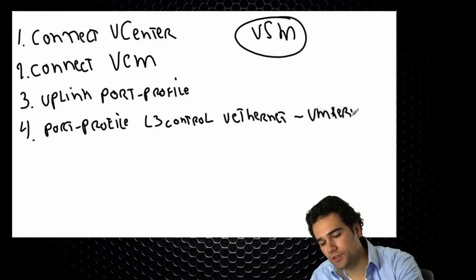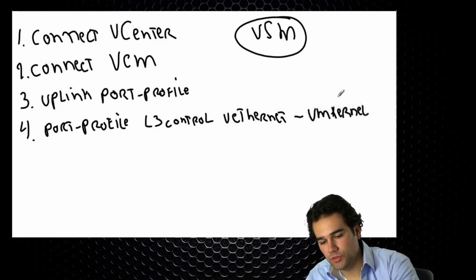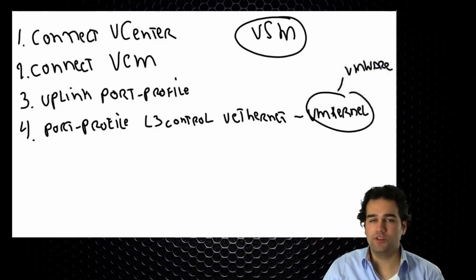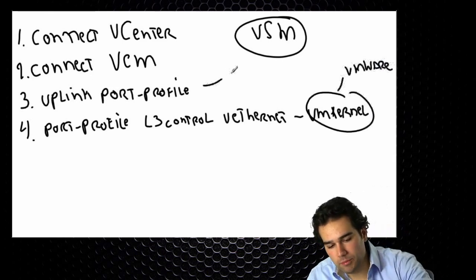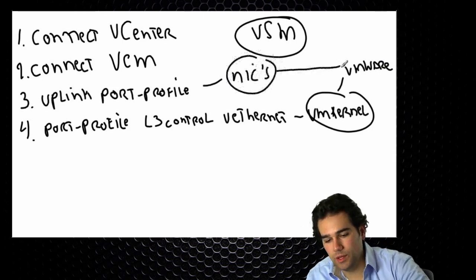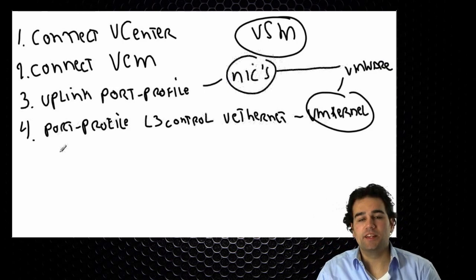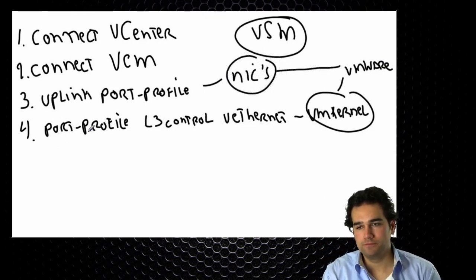And that VM kernel port is configured on the VMware server. So this is an item that I configure in VMware. What is the IP address? That's what I configure on that VM kernel port. So here I place my NICs, also a VMware configuration item. The VM kernel port, I need to place that into the port profile. I cannot do anything else with this port profile.